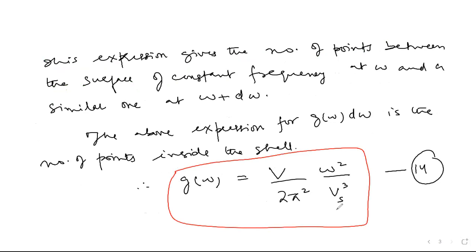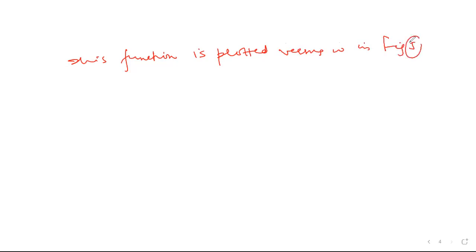Now this function we can plot. This function is plotted versus omega in figure 5. Let me draw this figure. So if you plot g of omega versus omega given by this equation, this is my figure 5. Which equation?